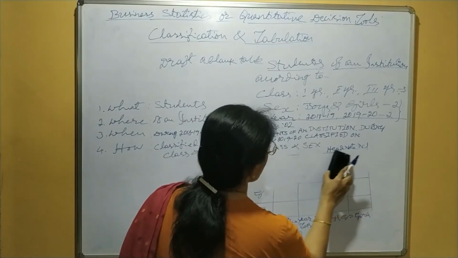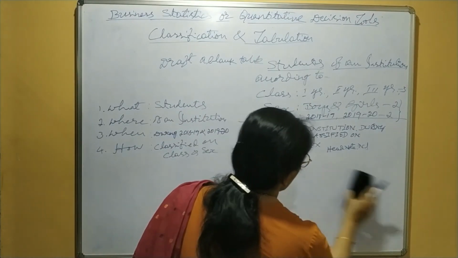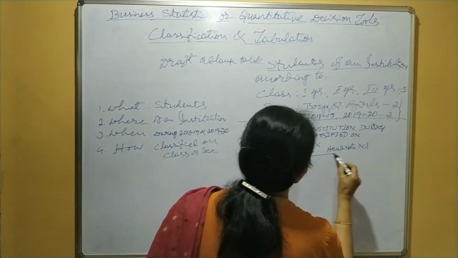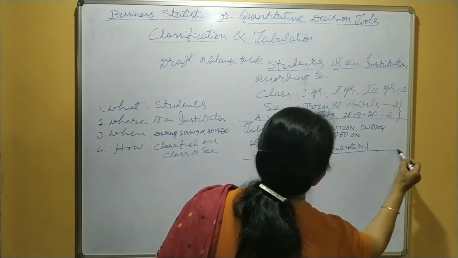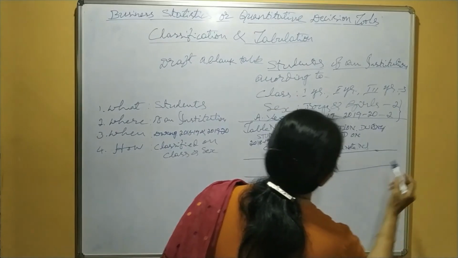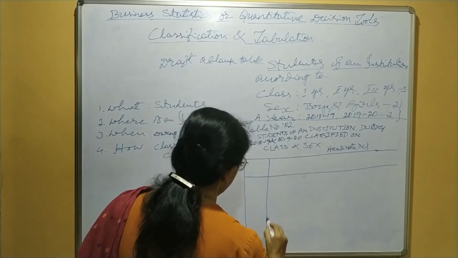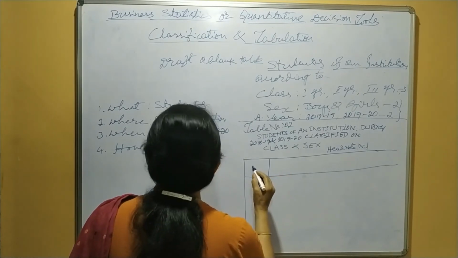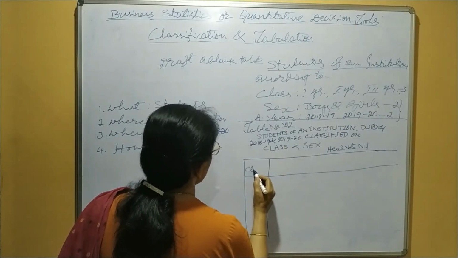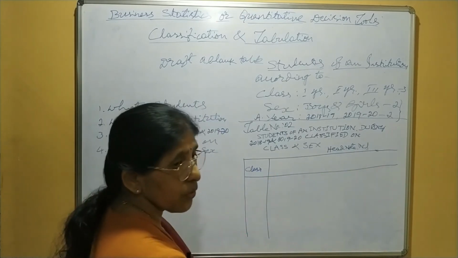Now here we have to accommodate two characteristics to columns. Then for captions we come across a sub row. Here, as usual, since these two are clubbed, class is what we take to rows.